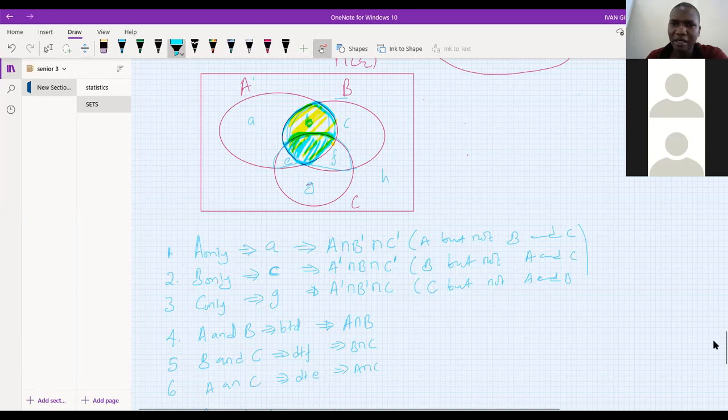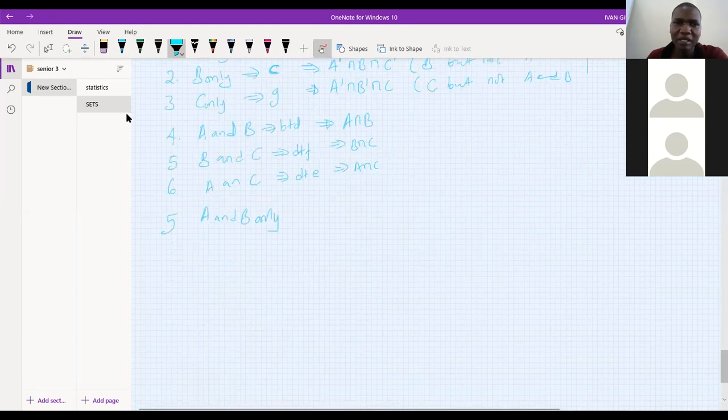Remember we said A and B is B plus D, but now it becomes B. In set notation, we write this as A intersection B intersection C complement. We have removed anything related to C. That's how we write it in words, in statement form.